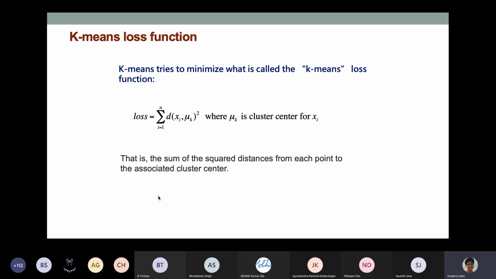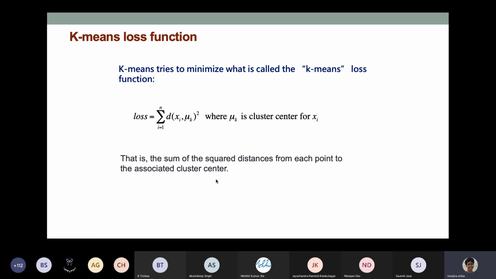So now as we are doing clustering, we need some kind of loss function, right? So what is our loss function? It is defined as the k means loss. So this is the distance of the data points from particular cluster center. That is the sum of square distances from each point to the associated cluster center.